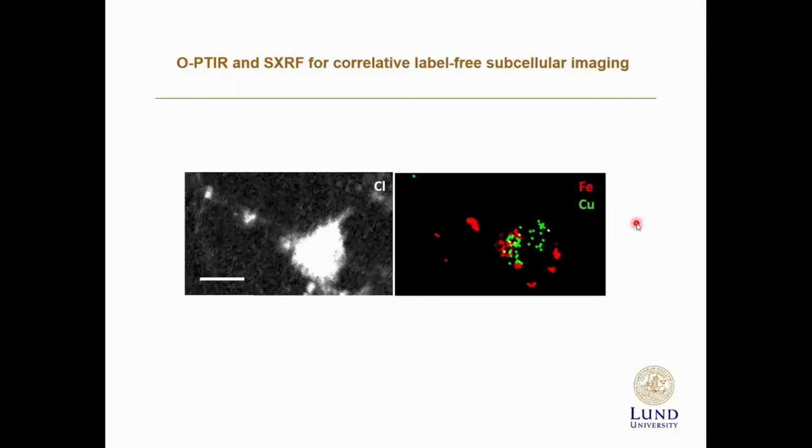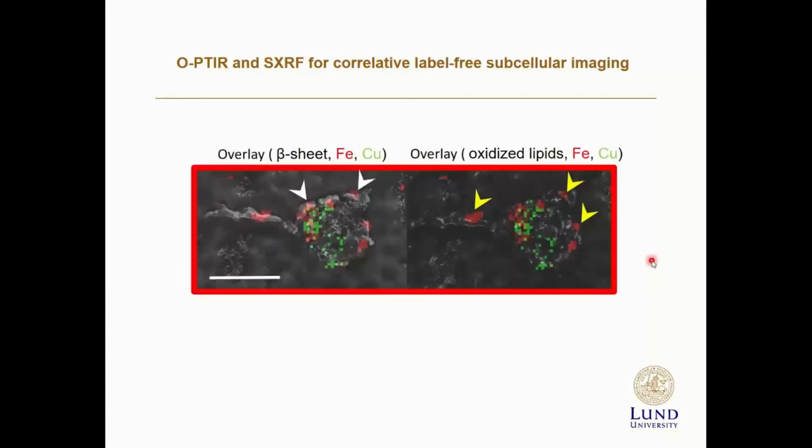Now we wanted to look if those clusters somehow co-localized with amyloid-beta sheet structures. Using image overlay, so using a masking procedure, we looked if those clusters co-localize with beta sheet structures and if those clusters co-localize with oxidized lipids.